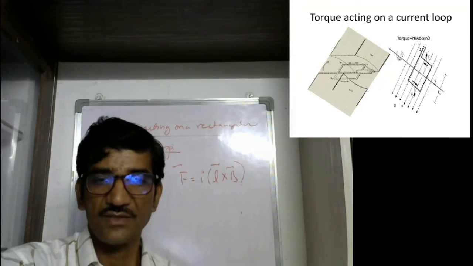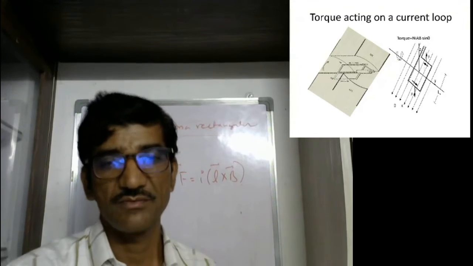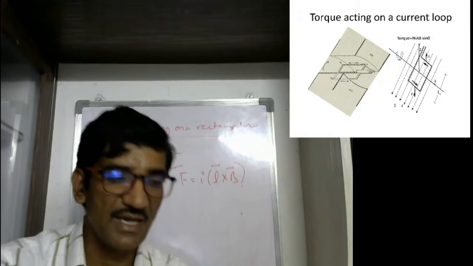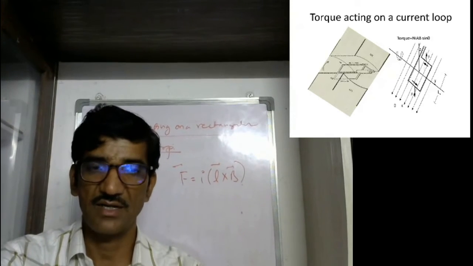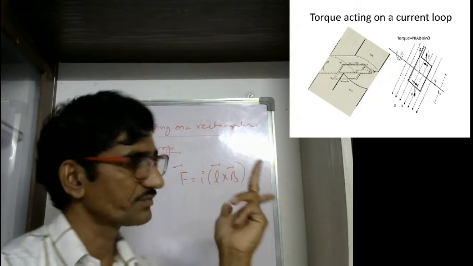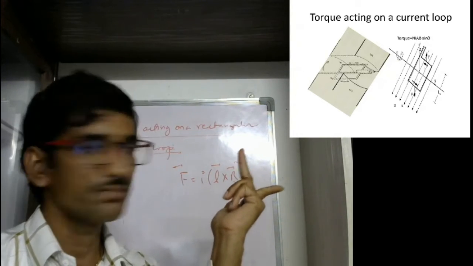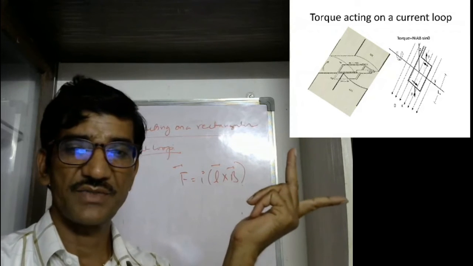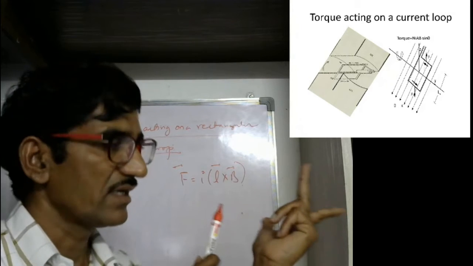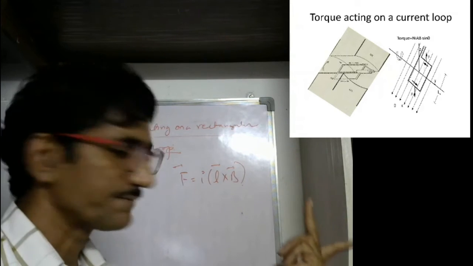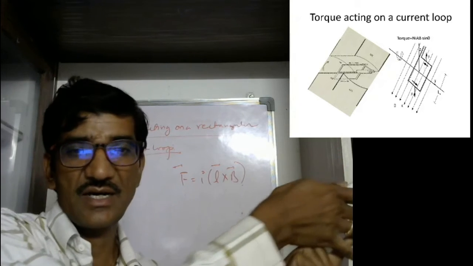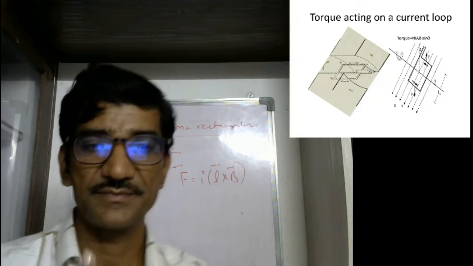Otherwise, you directly use Fleming's rule to find the direction of force acting on the parallel conductor. Suppose your current is going from bottom to top, then the magnetic force will be acting like this. My thumb acting like this. These two things are in a single plane. My two fingers are in a single plane.